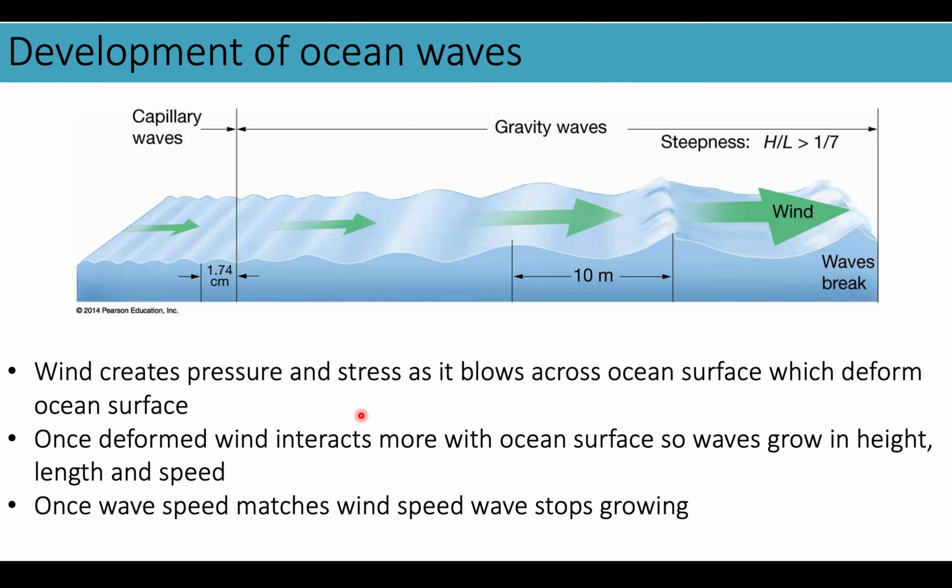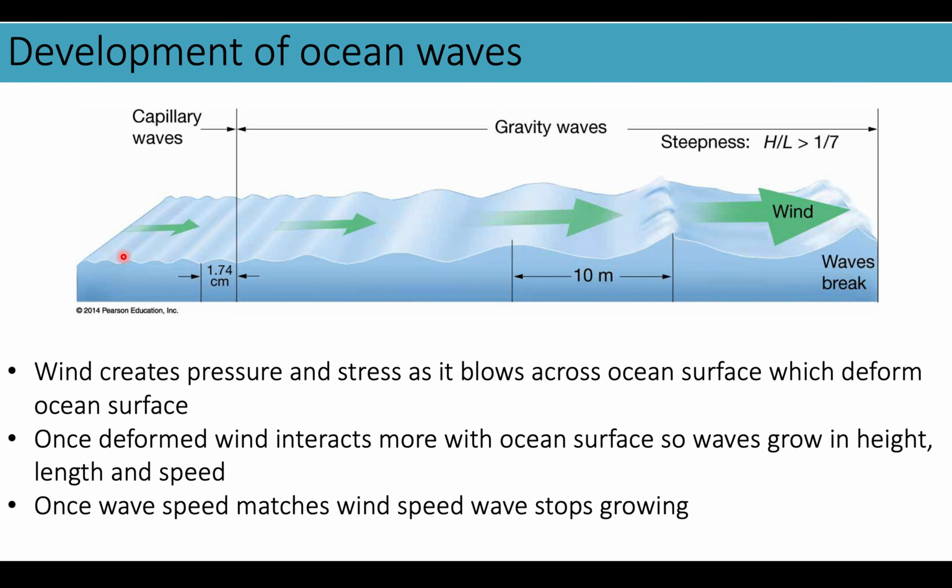So when we think about ocean waves, there's a development that occurs. They don't start as massive waves in the middle of the ocean. Something starts. Wind is generally what creates the start of an ocean wave. Wind is going to create pressure and stress, also friction across the surface of the ocean. So it's going to slightly deform the surface of the ocean.